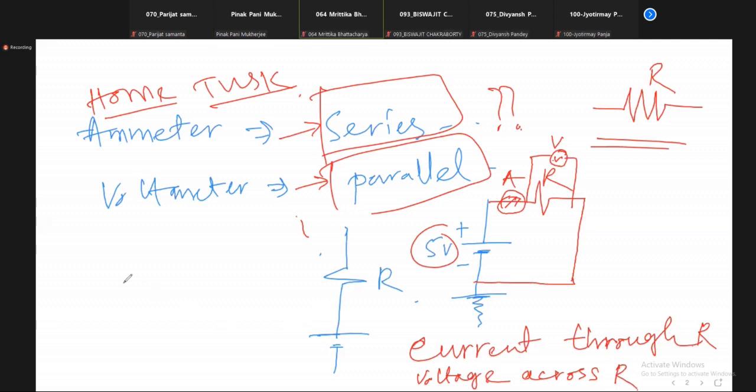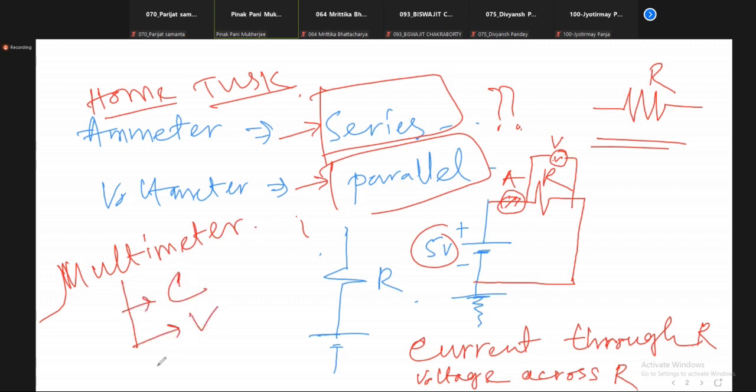Now you see, we have another meter that is called a multimeter. So what is a multimeter? It gives you the function to measure current, voltage, resistance. Resistance is measured by an ohm meter. This is the sign of the ohm. You can write down ohm like this. And several other things. So that meter is giving you multiple functions.